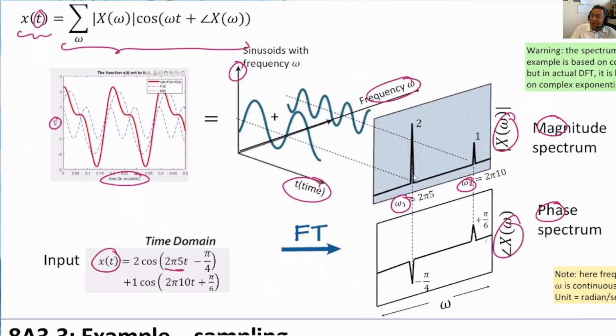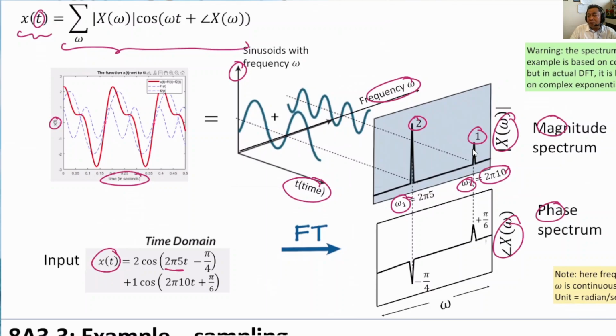It says that at omega 1 equals 2 pi 5, there's a cosine wave with amplitude 2, and there is a cosine wave at omega equals 10 with amplitude 1. The magnitude spectrum reveals what the red line can be broken down into: two cosine waves at different frequencies with different amplitudes.